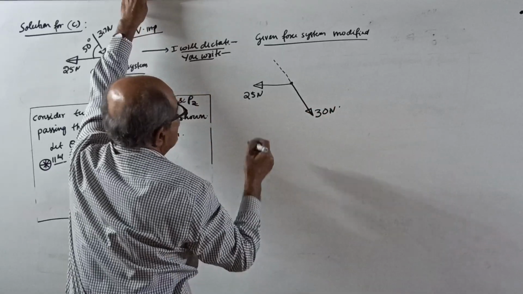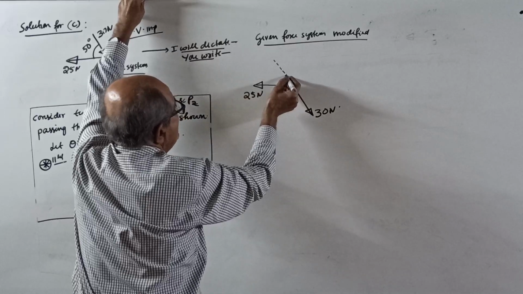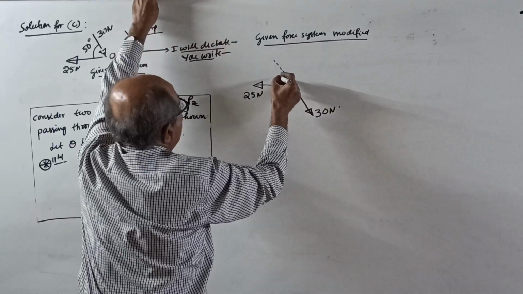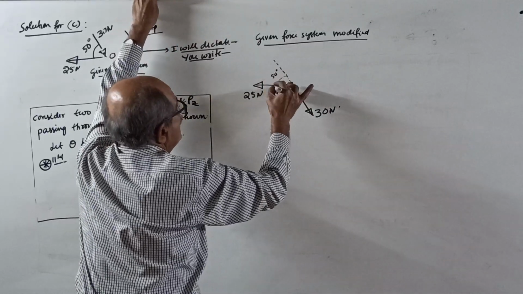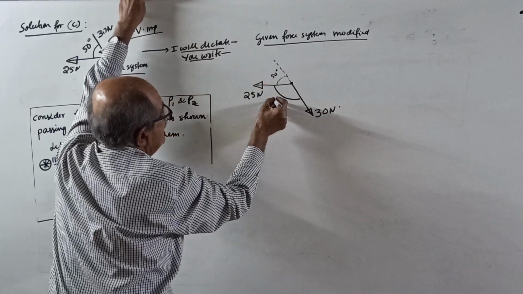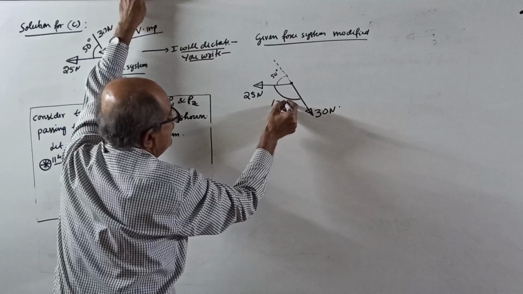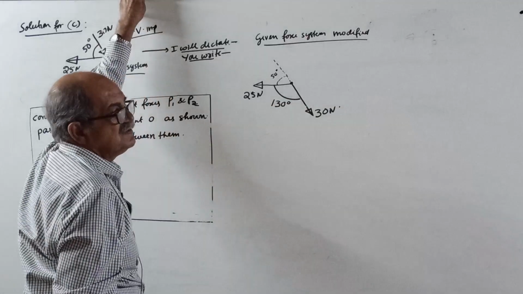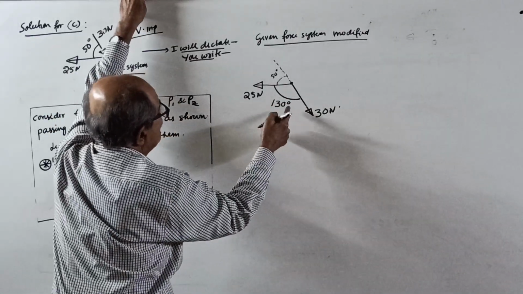This angle is how much? This angle is 50 degrees. But we want this angle. From 180 subtract 50, this is 130 degrees. That much you know from mathematics. Okay, now you can apply the law.